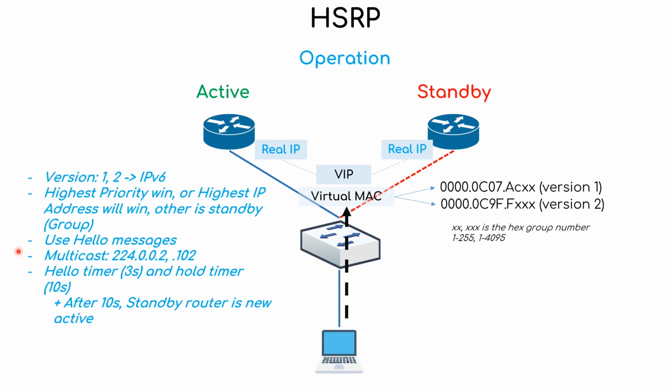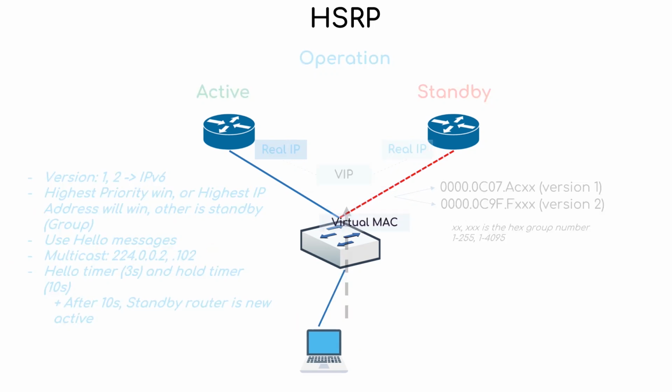If the standby router does not receive any hello message from the active router, the standby router understands the active router is down, and it should take the active role and become the new active router, handling the virtual IP address and the MAC address. Because the hosts use the virtual IP address as a gateway, nothing needs to change on the hosts if the active router fails.